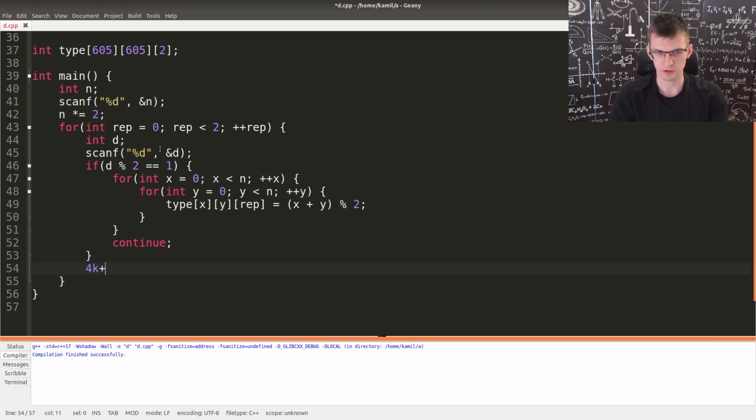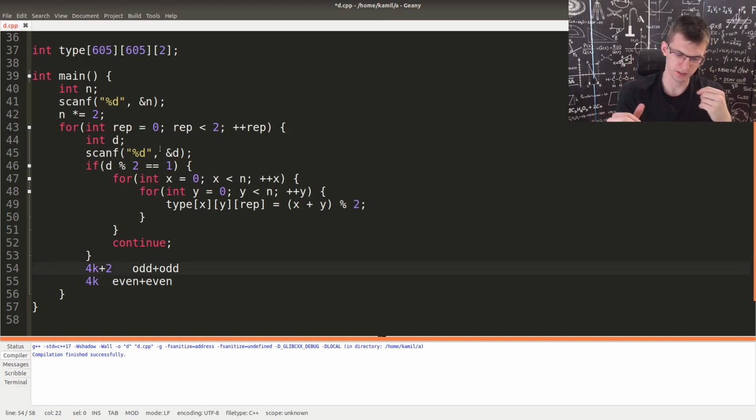If this is a form, I will go with my solution, not with theirs with rotation by 45 degrees. Wait, is this possible? Odd plus odd. This is possible, and it means odd plus odd. 4k means odd plus even. No, even plus even. If it's odd plus odd, I can split into every second row.